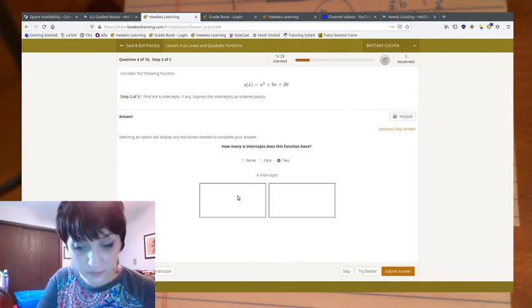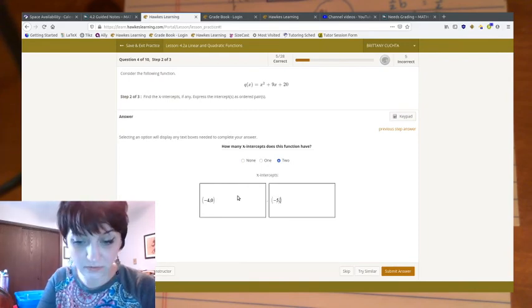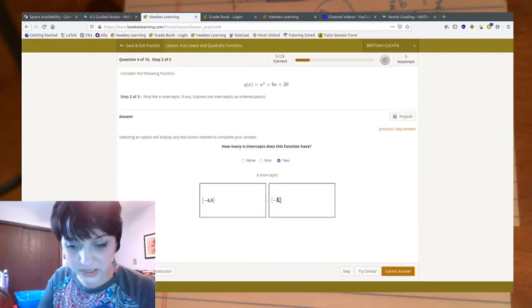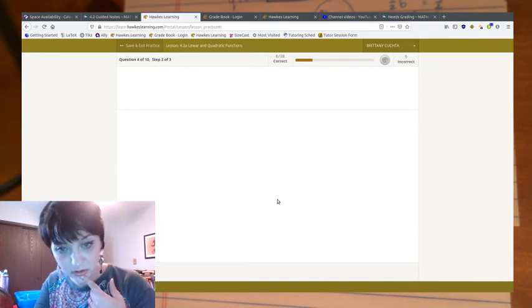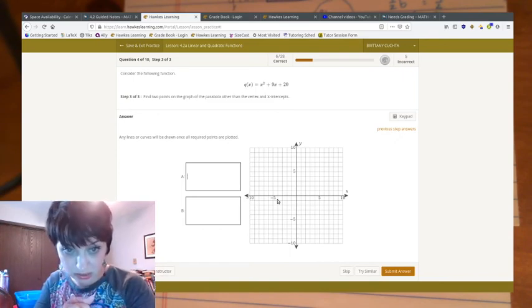They're negative 4, 0, and negative 5, 0. Cool. And find 2 points on the graph other than the vertex and intercepts, and then it's going to plot it for you.